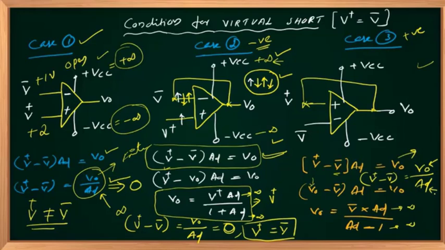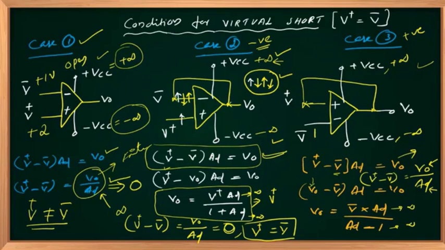Practically, applying plus infinity or minus infinity is not at all possible. So if I am applying a large value at the supply lines, VCC and minus VCC, whether my output will be finite or not can be easily identified based on what we discussed right now.